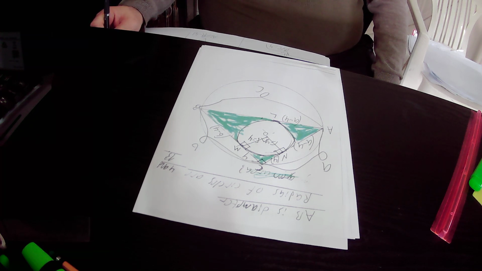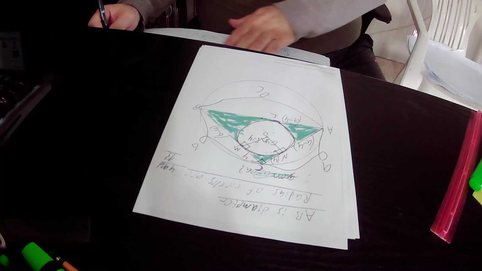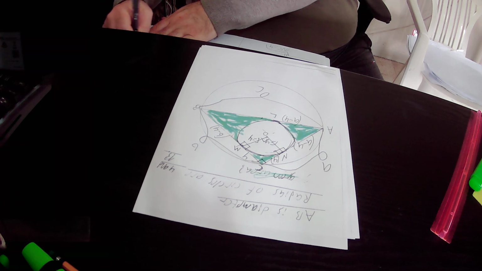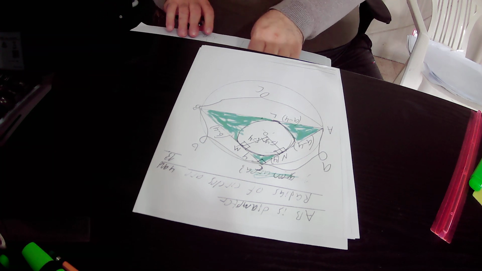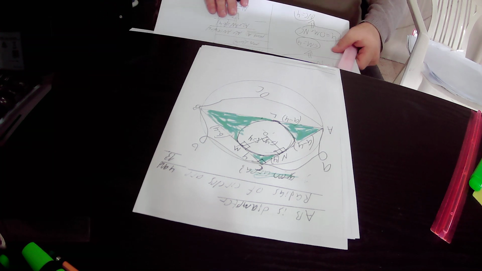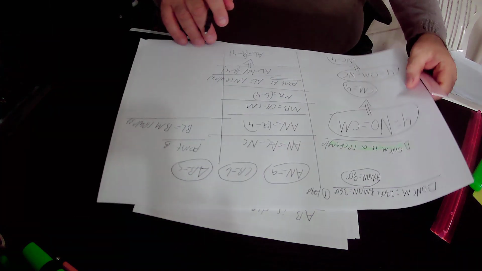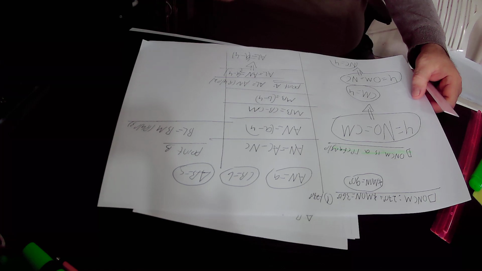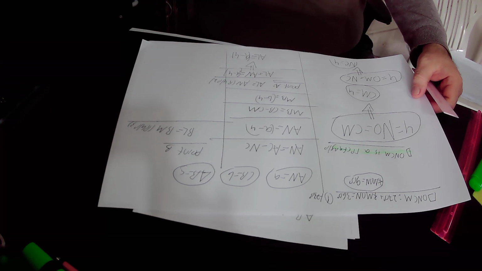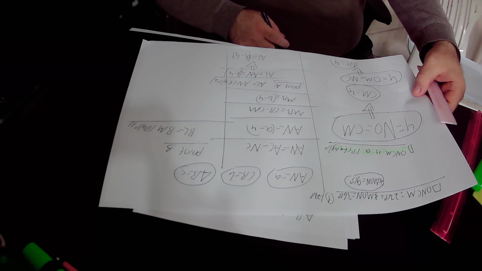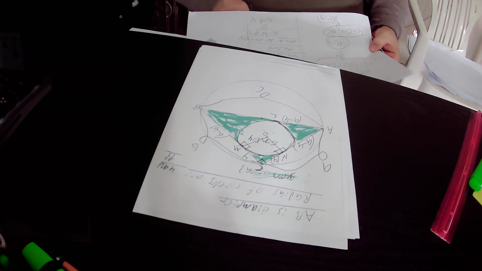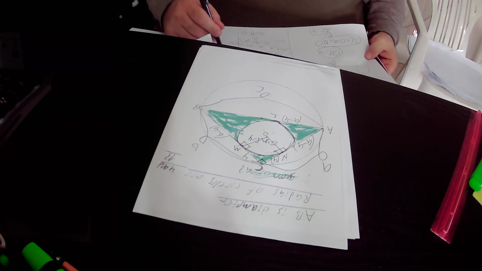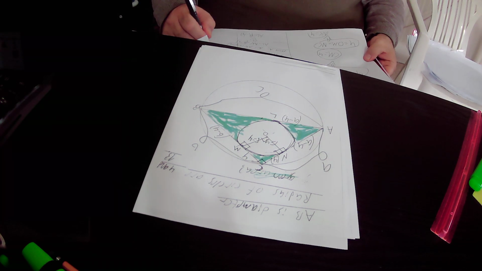And according to rule number 3, they are equal to each other. That is to say, BL equals BM, according to the rule that the lengths of two tangents from a common external point to a circle are equal.